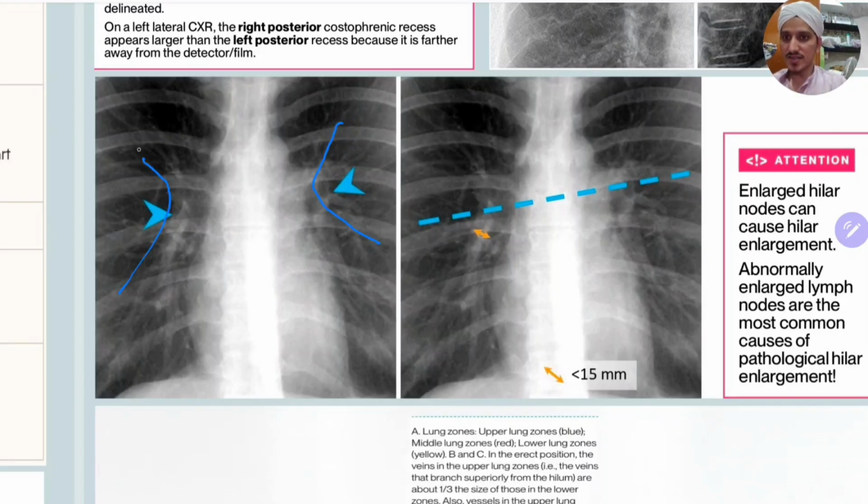And these are the lower zone vessels, these are the upper zone vessels, and this is the aorta. Remember, I will show: this is the aorta, this is the pulmonary vessels, and this is the aortopulmonary window. If this is full or enlarged, then there is something, either a lymph node or a mass, okay.